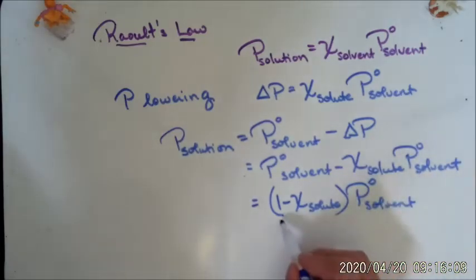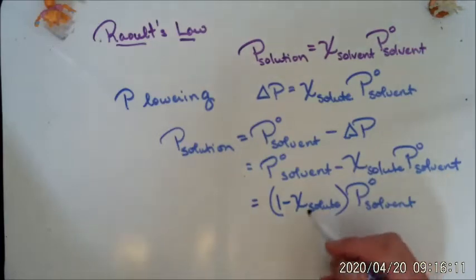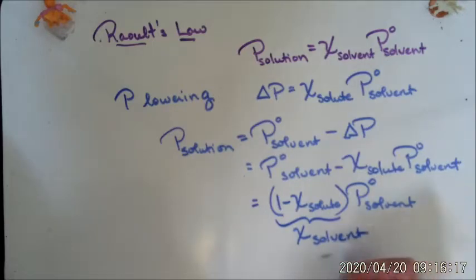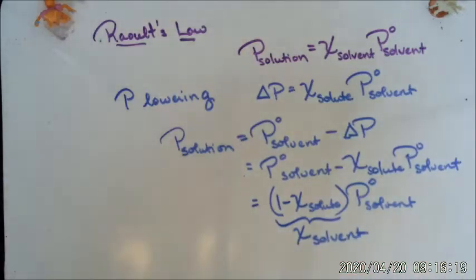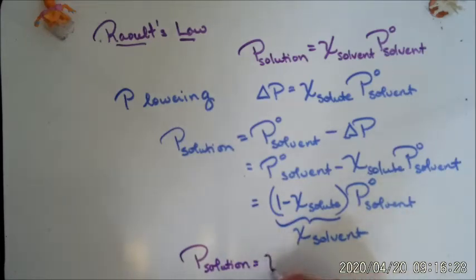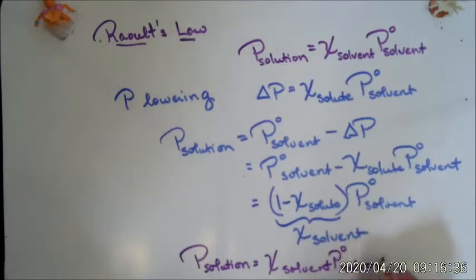Well, remember, if I only have a solute and solvent, this is equal to the mole fraction of my solvent. And that's how we get our final equation. P solution is equal to the mole fraction of my solvent times the vapor pressure of my solvent.